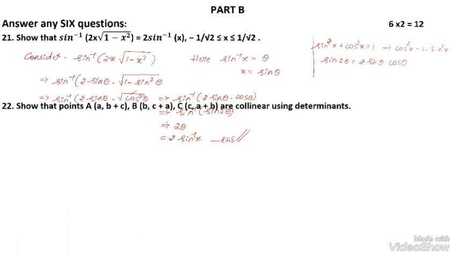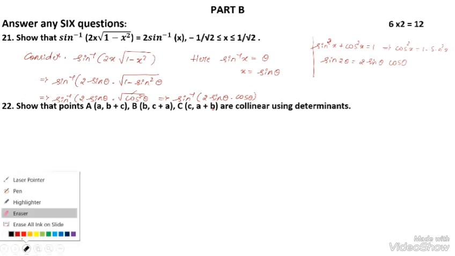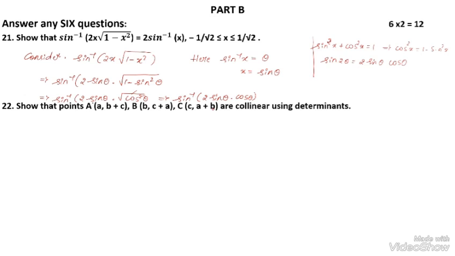Question number 22. Show that the points A containing A comma B plus C, B containing B comma C plus A and the point C containing C comma A plus B are collinear using determinants.